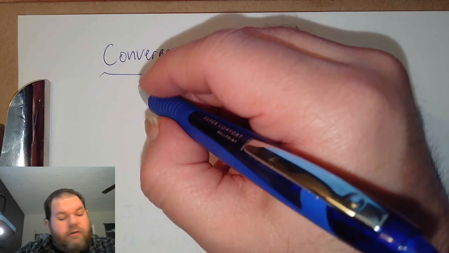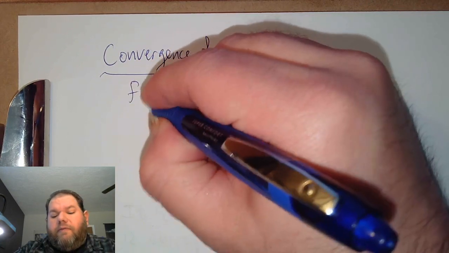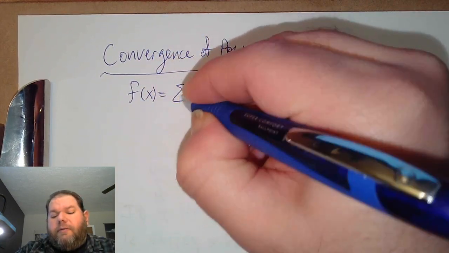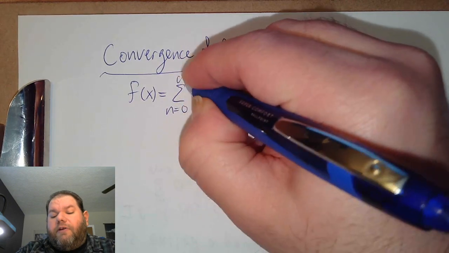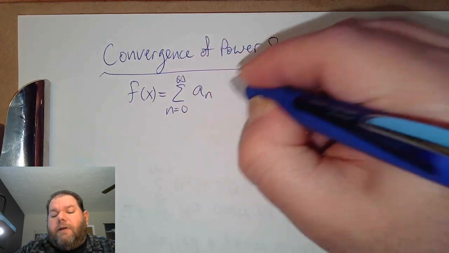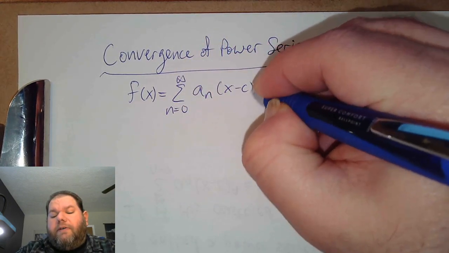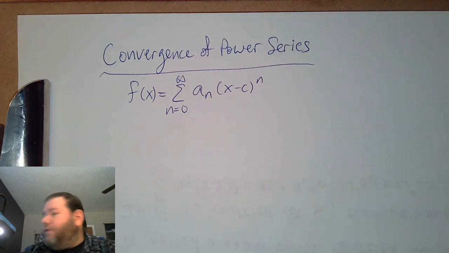Okay, so we let f of x equal the sum n equals 0 to infinity of a sub n times x minus c to the n. That's our power series as we defined it.